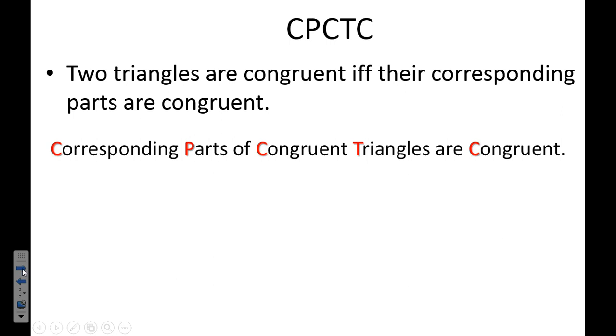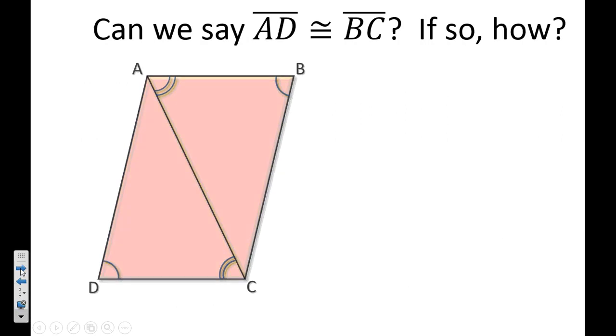So the first problems that you'll be working on today for your assignment are similar to this one. Can we say that segment AD is congruent to segment BC? And if so, how? The first problems that you're working on today don't require a full formal proof.